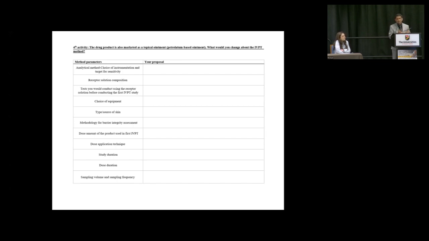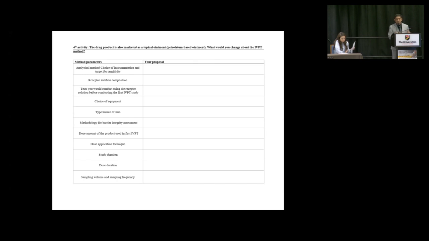We'll take the baseline method for the cream and run the IVPT profile as the starting point. Improvisations can be made in terms of the dose application and the dosing duration for designing the IVPT study. The sampling frequency and the IVPT study duration can also be altered, because an ointment may have a different rate of drying compared to the cream, so the metamorphosis would be different.